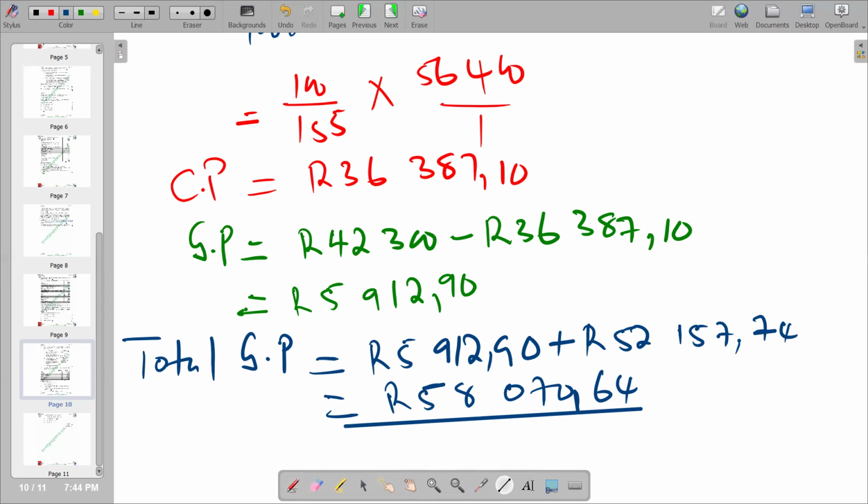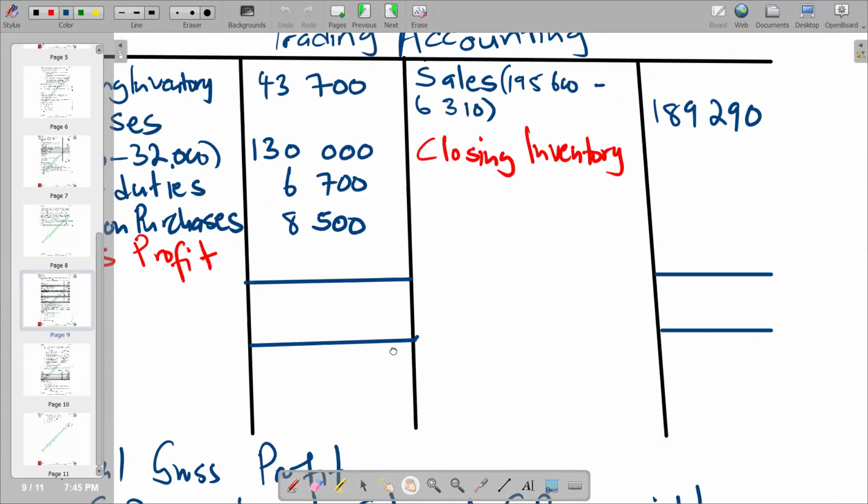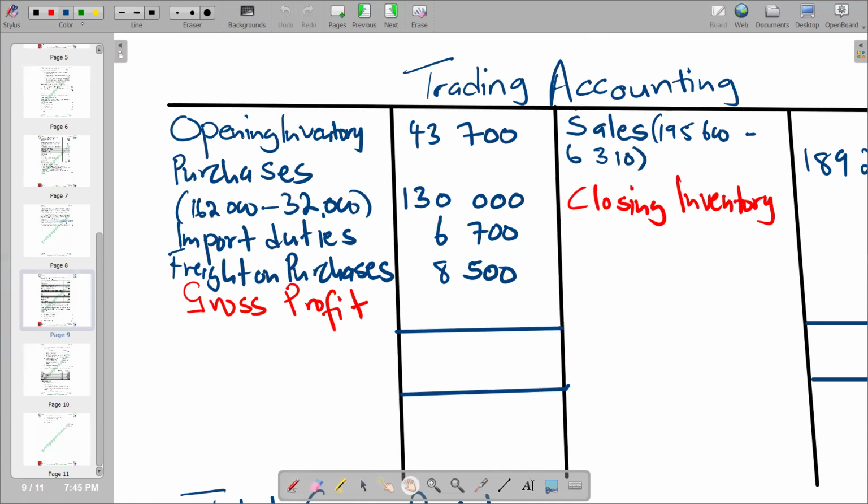So this is the figure that is supposed to come to our trading account and replace our gross profit. So we go to the trading account. This is the figure that is supposed to come here: 58,070 rand 64 cents.